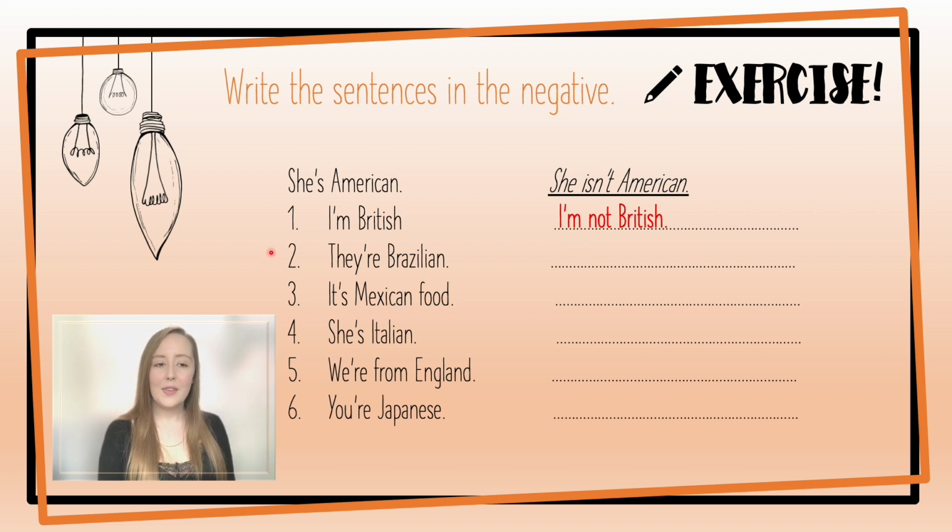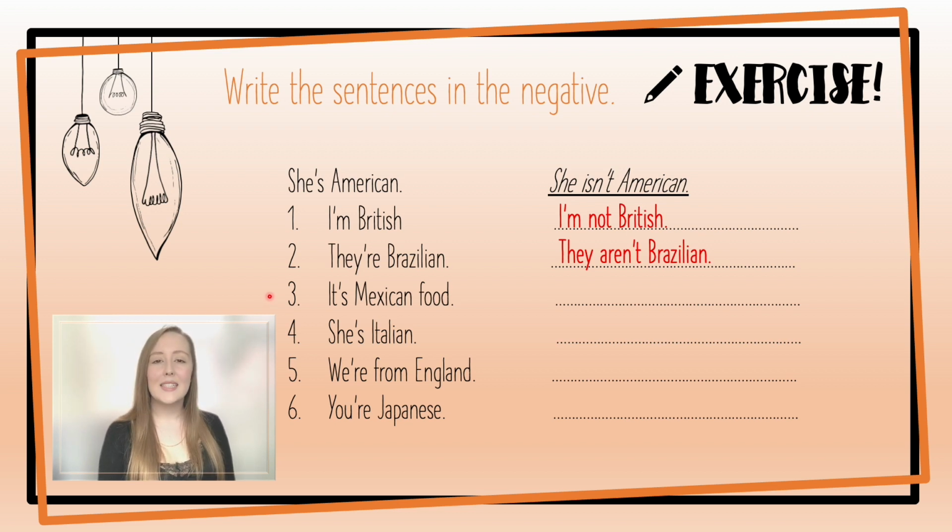Number 2, they're Brazilian. How can we say that in the negative? Remember, we want to use a contraction. Good. They aren't Brazilian. Excellent. Number 3, it's Mexican food.